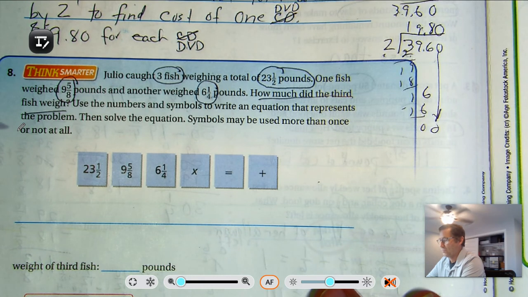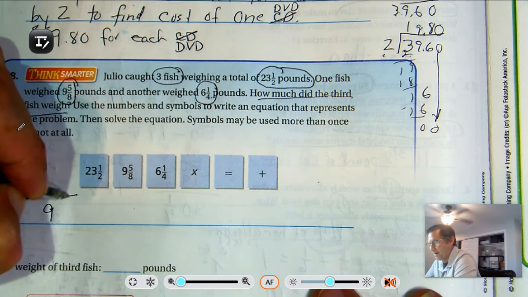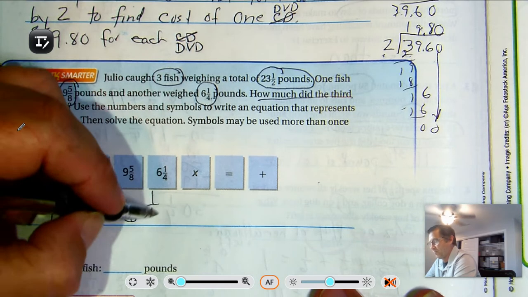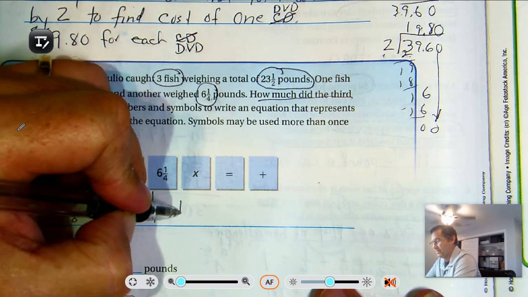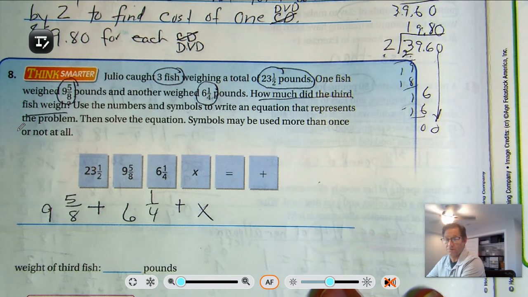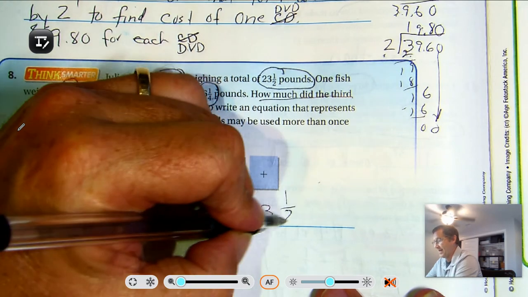All right, so we know the weight of the 3 fish added together has to be 23.5. So we can go one fish, 9 5/8, plus 6 1/4, plus an unknown amount, the third fish, has to add up to 23.5 pounds.